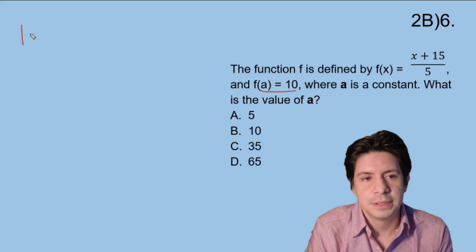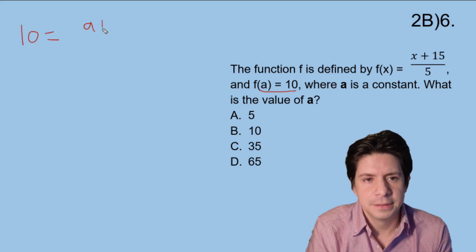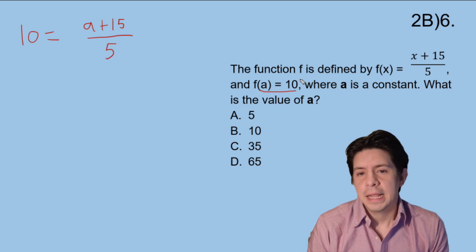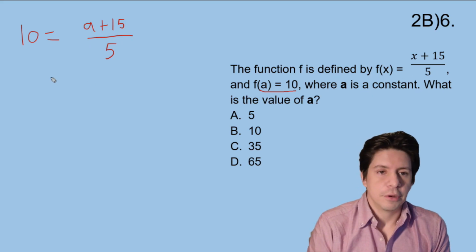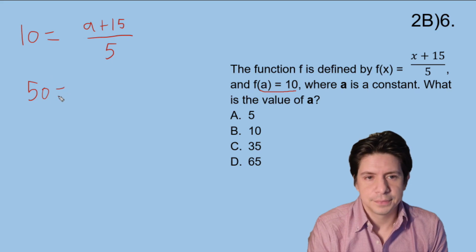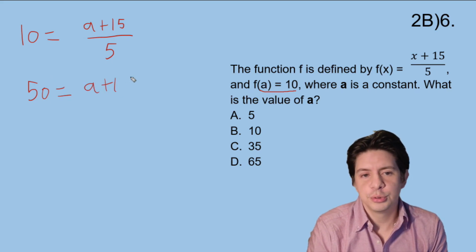So we're going to do 10 equals a plus 15 over 5, right? And then you're going to move it over, so you're going to do 5 times 10, you'll get 50 equals a plus 15. You could use Desmos, right?